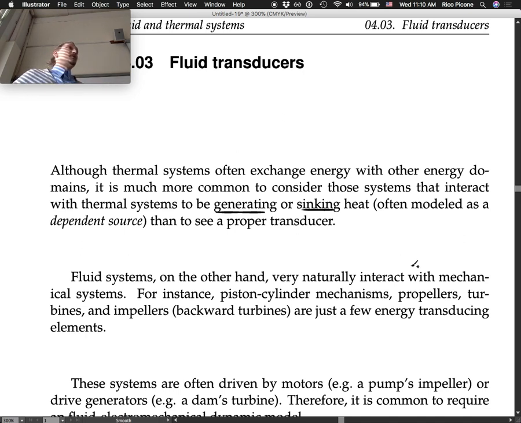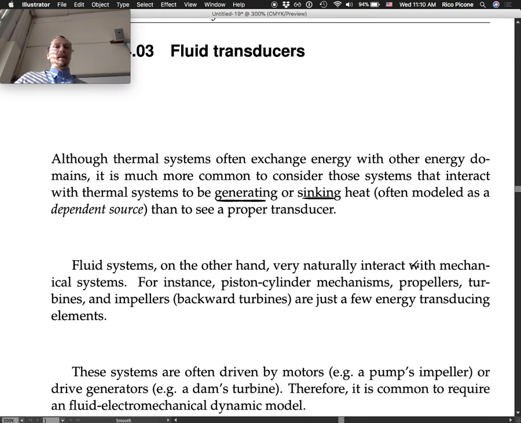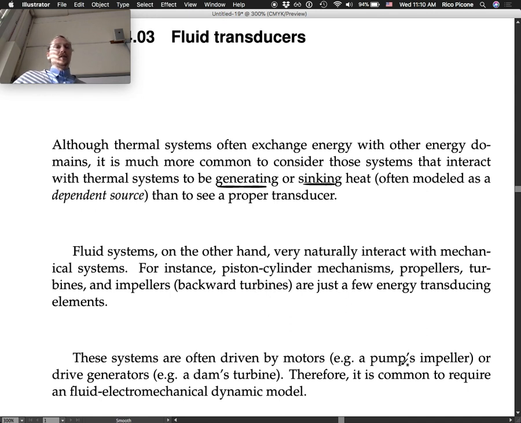But for fluid systems, there's a whole lot of transducing mechanisms that we have. Fluid systems, on the other hand, very naturally interact with mechanical systems. For instance, piston-cylinder mechanisms. On one side, you have a fluid that's maybe generating a pressure that's pushing a piston that moves something in a linear fashion.